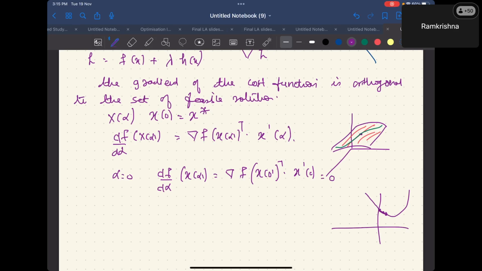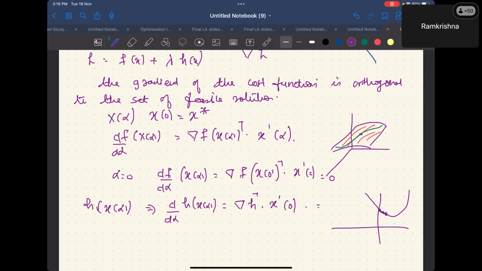Okay, similarly, if I look at h, my set of constraints, h of x of alpha, so if I look at what happens to h along the curve, this will be the gradient of h again times x transpose prime at 0.